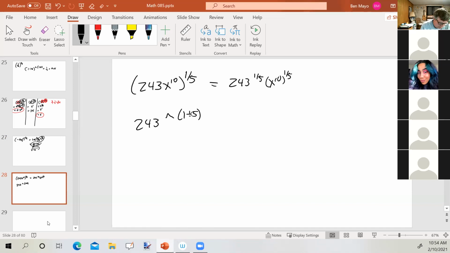It comes out as 3. So this is 3x to the 10 times 1/5, which would be 2. Now, I'm taking an odd root, so I don't have to worry about it. I don't have to worry about it anyway because x squared couldn't be negative. So there you go.